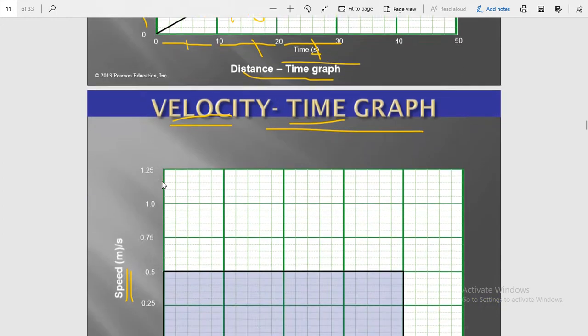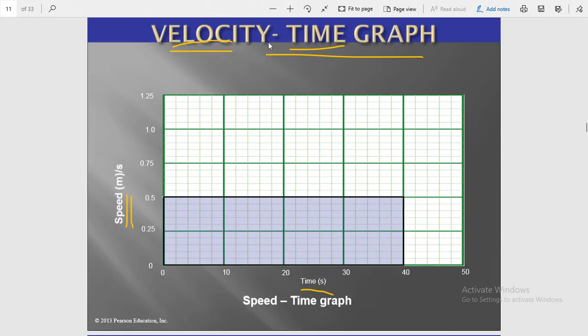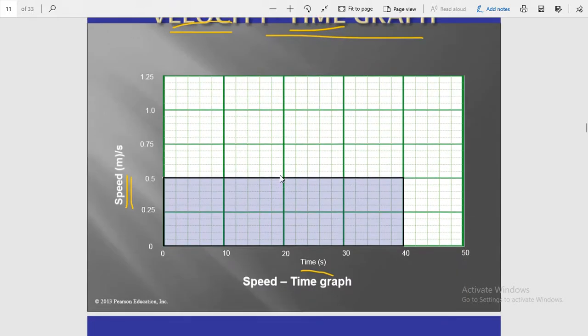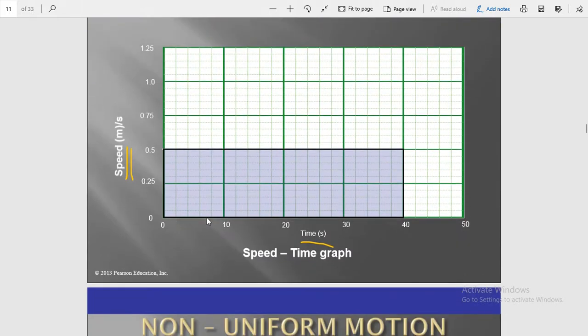Okay, so let's understand the velocity time graph. You can see velocity throughout the motion remains the same. It means here velocity will be 0.5 meter per second, then here 0.5, 0.5, 0.5. It means at all instants of time velocity will be 0.5 meter per second. It means you can see at 10 seconds velocity is 0.5, then between 10 to 20 at any point this will be the same.